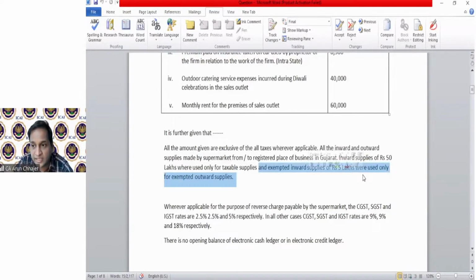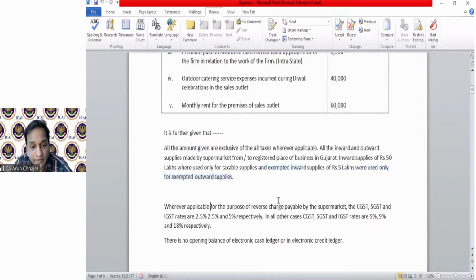So there is no common portion, and therefore I can say Rule 42 would not be applicable on this 50 lakh rupees. Correct, no? Absolutely correct, Rajiv, Sriram, everyone.